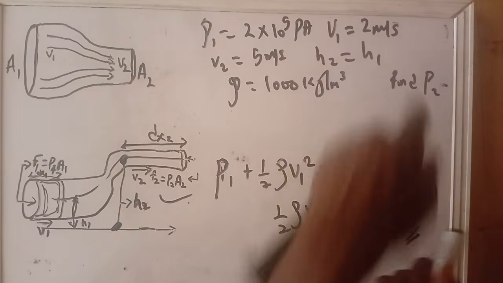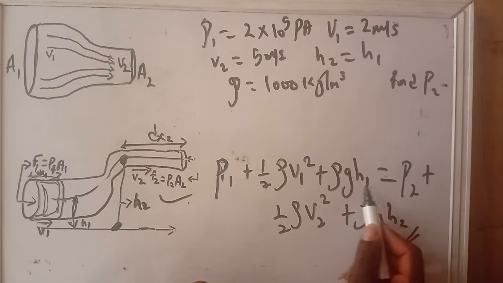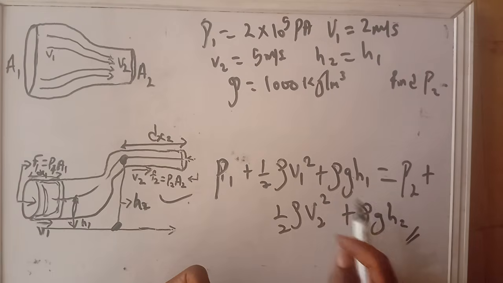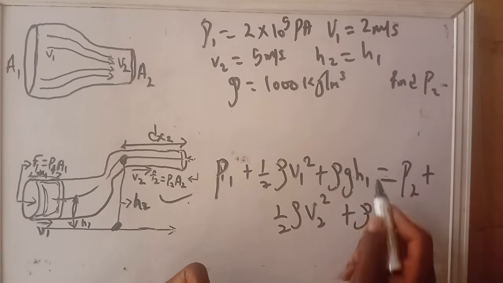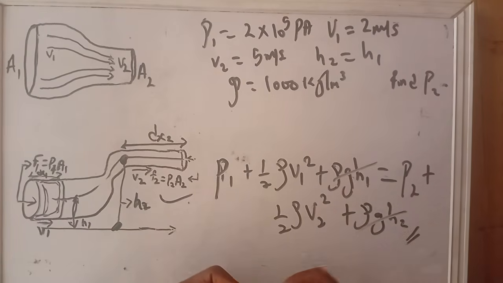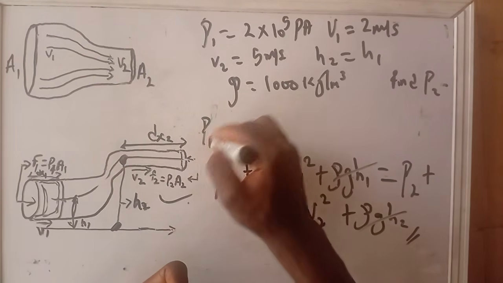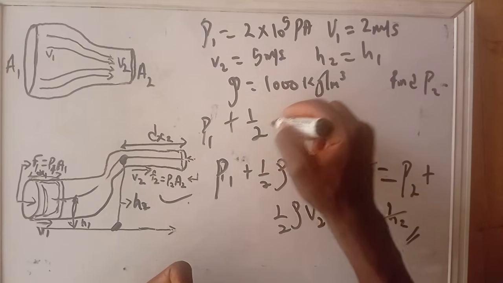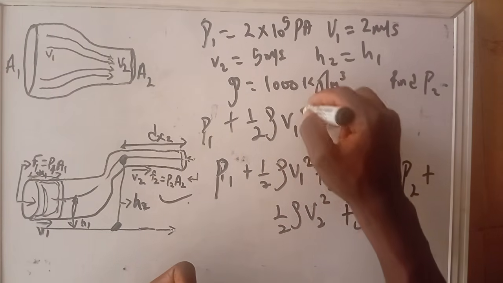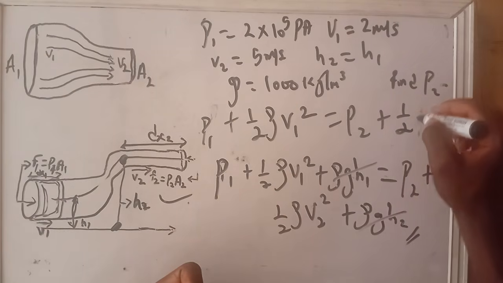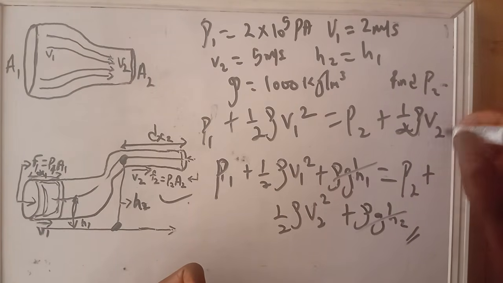Now, since H2 equals H1, and gravity and density are the same, these terms cancel out from each side. So what do you have left? P1 plus 1 over 2 density V1 square equals P2 plus 1 over 2 density V2 square.